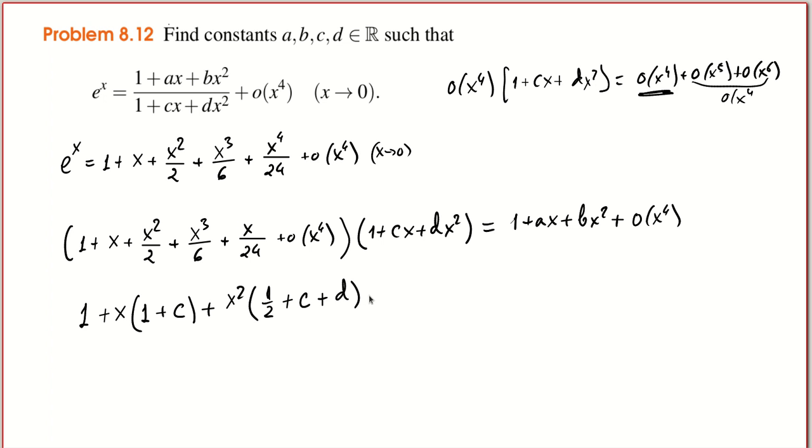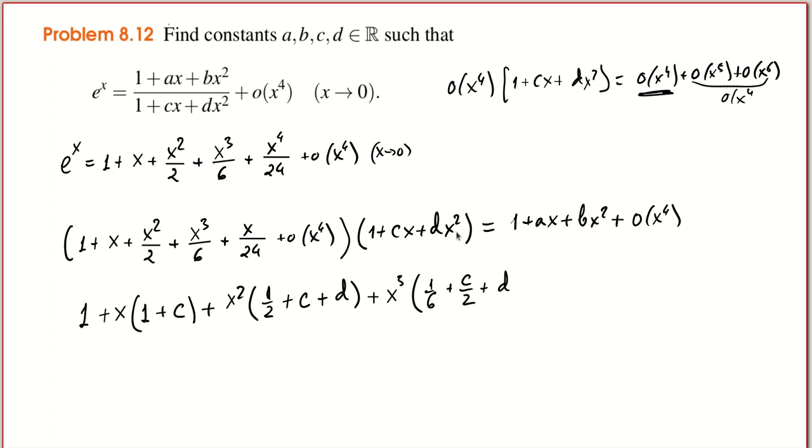Then you get x cubed. X cubed is something that you get when you multiply this by 1, so you get 1/6 from here, and this by this, so it's c/2. Then you multiply this by that, which gives d, and that's it, because there's no other multiplication that gives you x cubed.